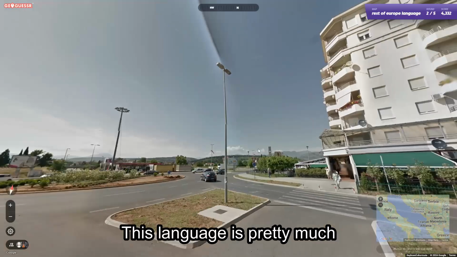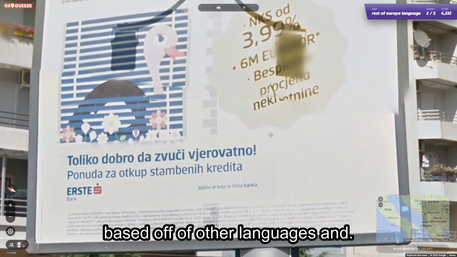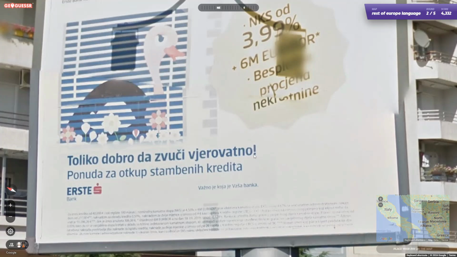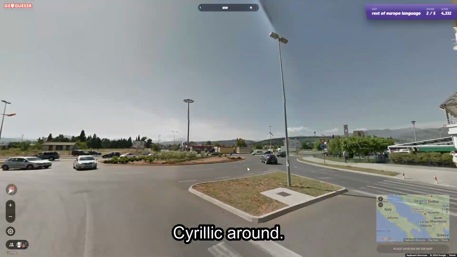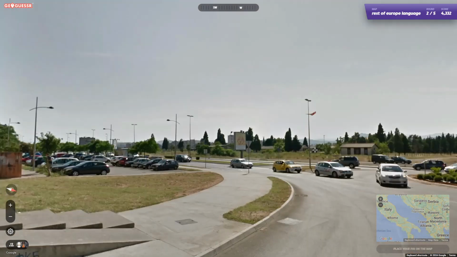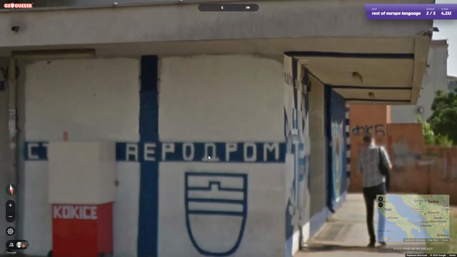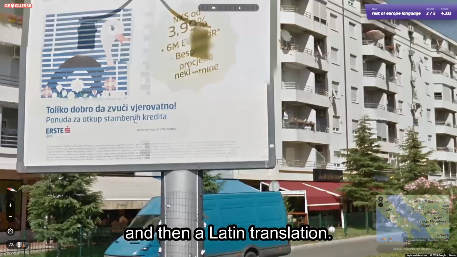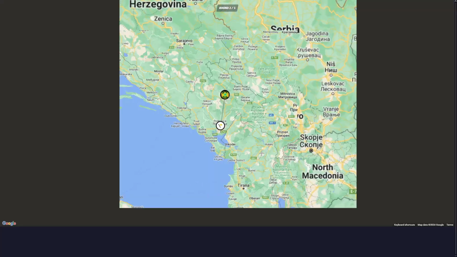This language is pretty much based off of other languages. And we can maybe see some Cyrillic around. Yeah, we have Cyrillic right here. We have some Cyrillic, and then a Latin translation that is not like any of the others, so we will be in Montenegro.